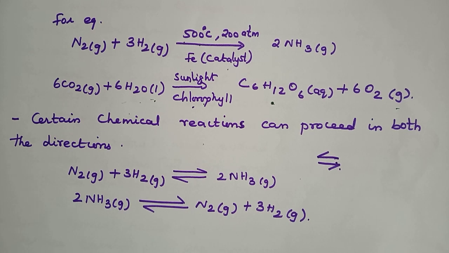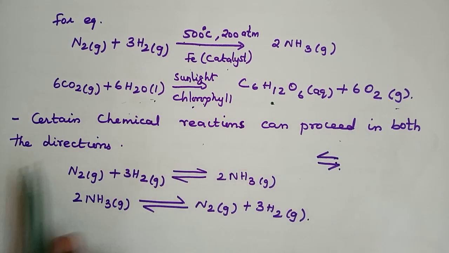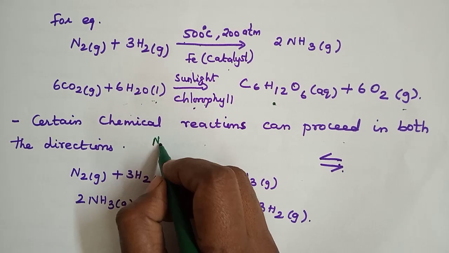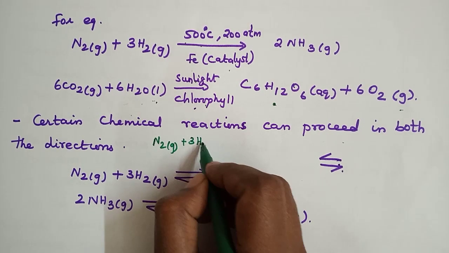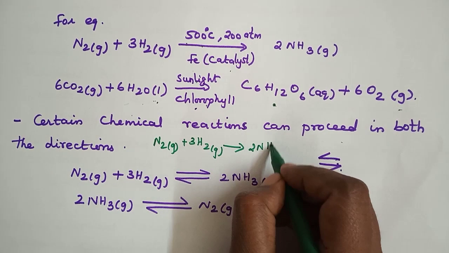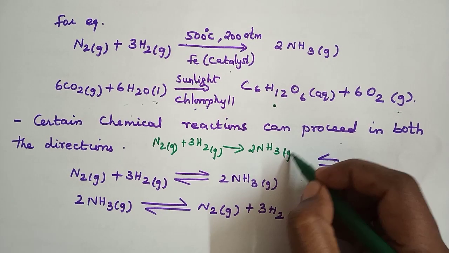Yes or no? Yes. And certain chemical reactions can proceed in both directions. For example, N2, that is nitrogen gas, plus 3H2 hydrogen gas combined together, we will get 2NH3, that is ammonia, a gas.